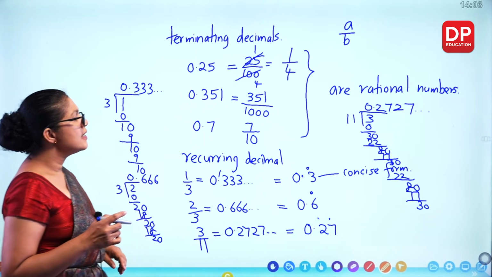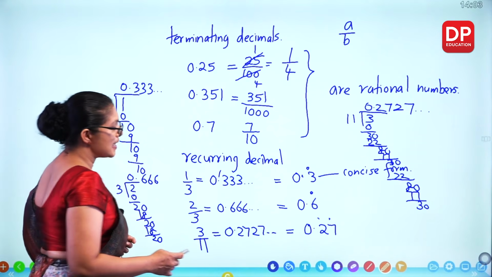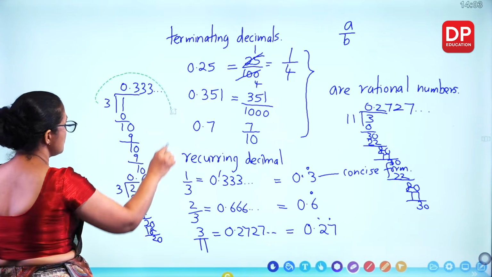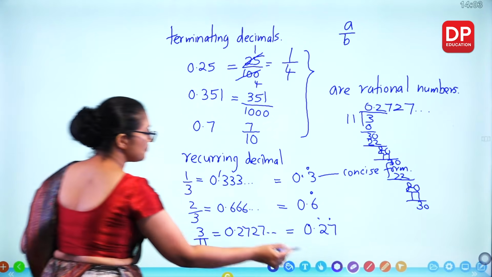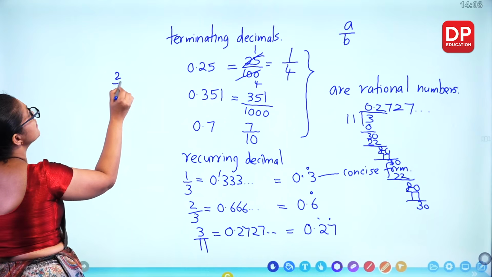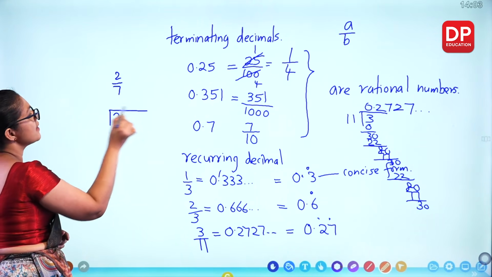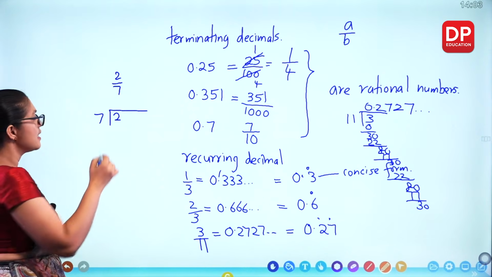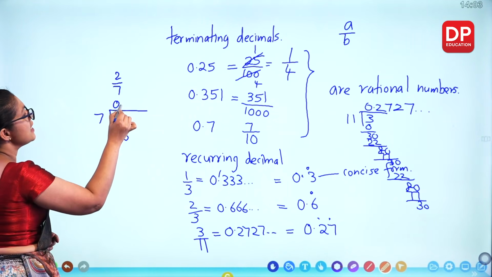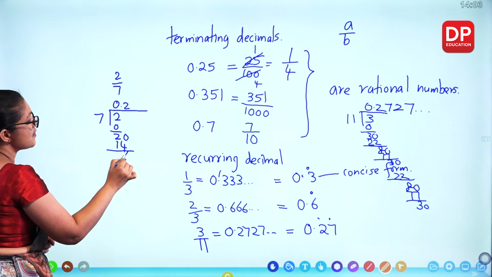2 over 7. So is it a repeating or recurring decimal? We'll check that out. 2 over 7. So we'll divide 2 by 7. So what happens? Nothing there. 2 remaining. For 20, this is 2. 2 times 7, 14. 6 remaining.